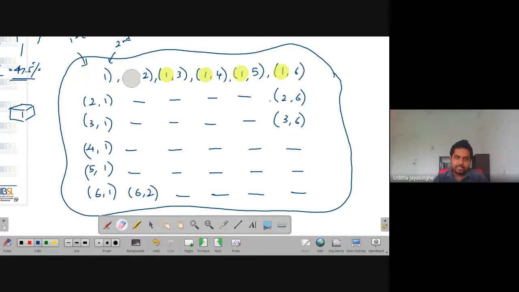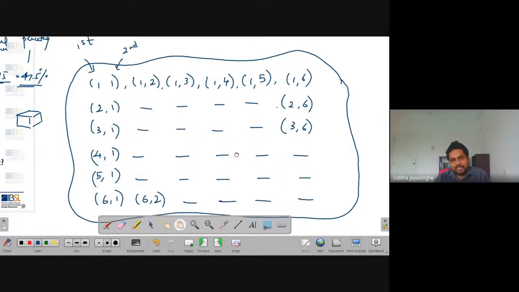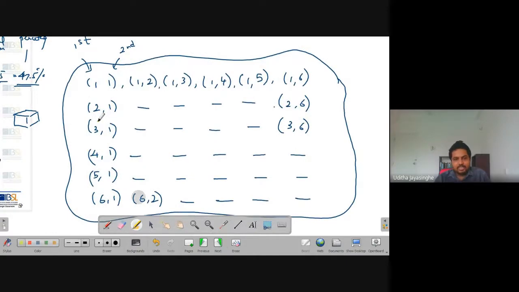Okay, let me quickly erase these things and reword it so that for the other questions it will be a bit easy for us to discuss. Okay, now how many instances can you find here, students? If I take the first one, 1 and 1, is it a favorable event? No, not happy.